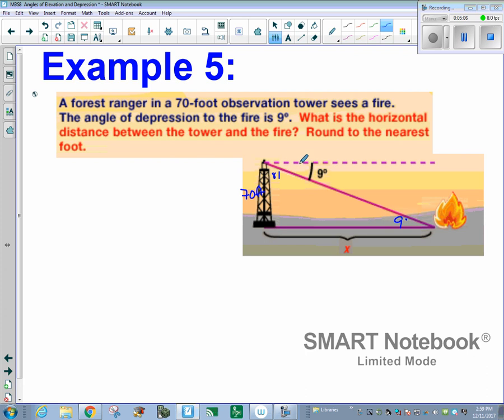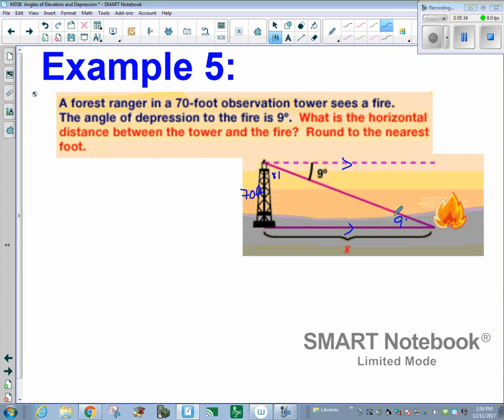If that's 81 degrees, this one is 9 degrees. Now you may recognize that if the horizontal line and the ground are parallel, then we have alternate interior angles, so these two angles would be congruent. Knowing that this one's 9 and this one's 81, you can use whichever trig function uses opposite and adjacent to find the missing side.